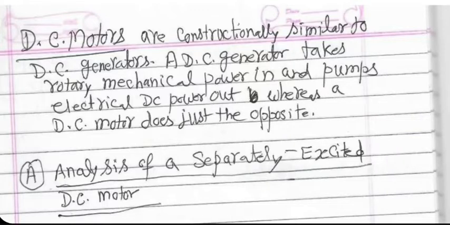Field windings supply the extra current you need to get good flux out of the poles. These windings can be excited using an independent voltage supply, DC voltage supply, of course, or using the DC input supply to the motor.